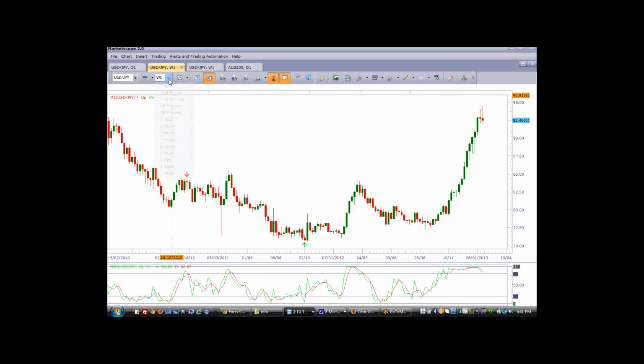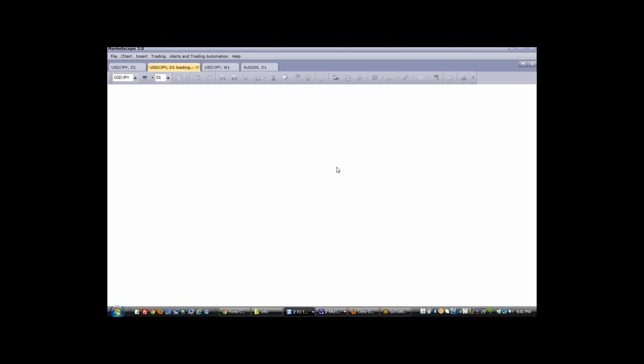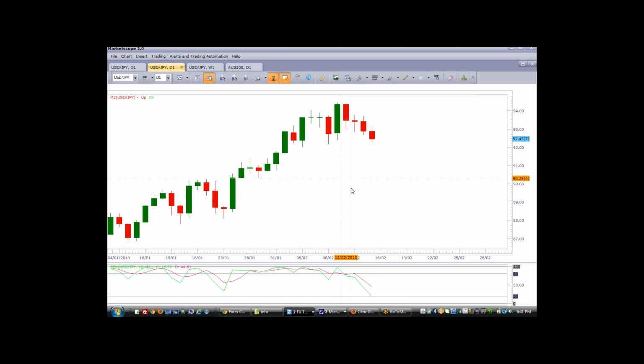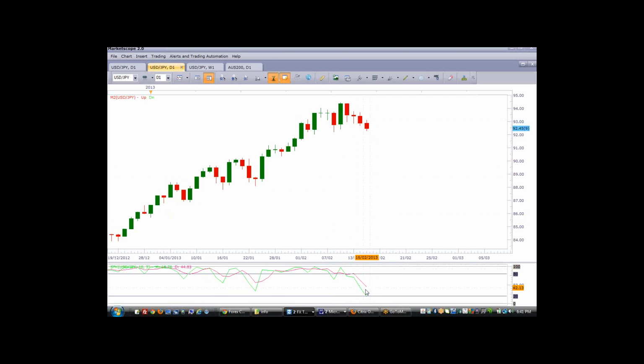On the daily M2, I'll just go through that. M2 daily, there's no setup, it's heading towards the overbought.